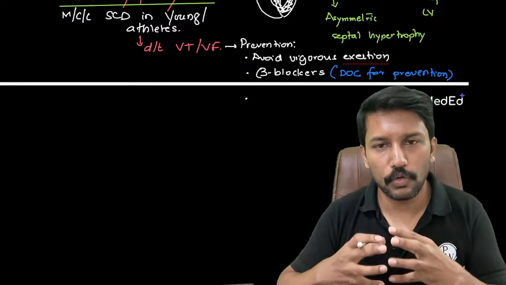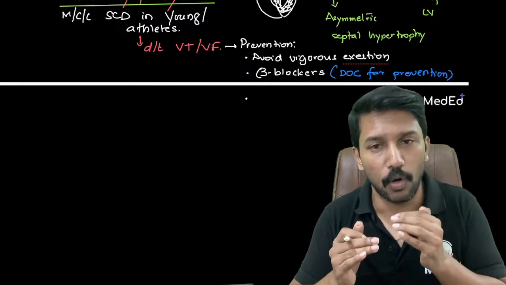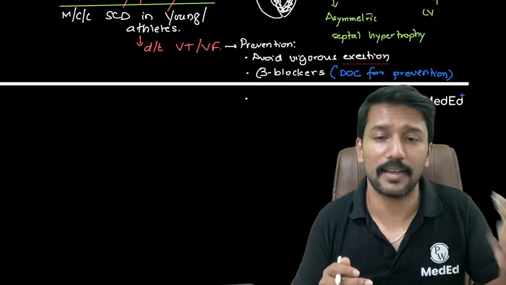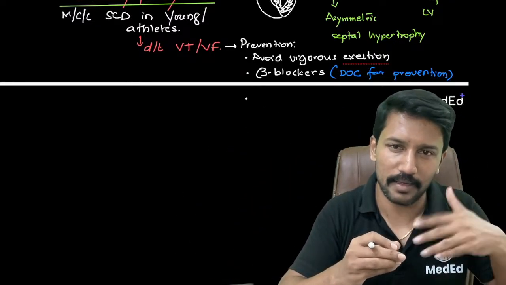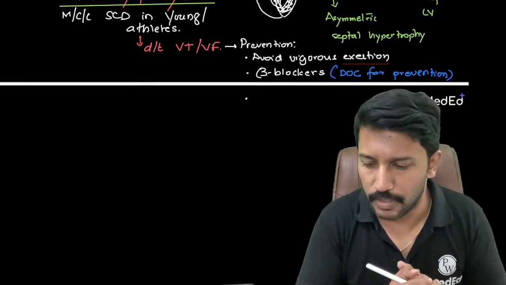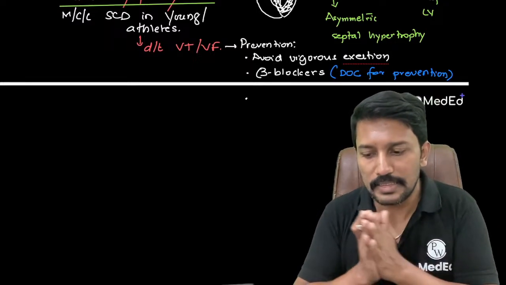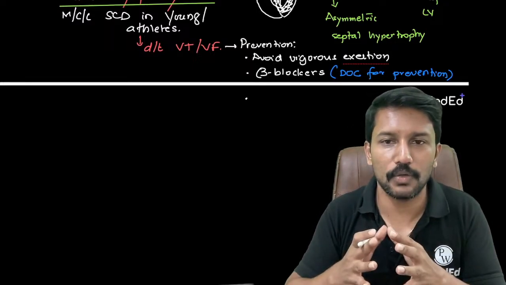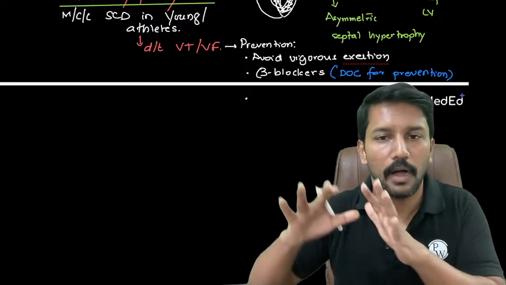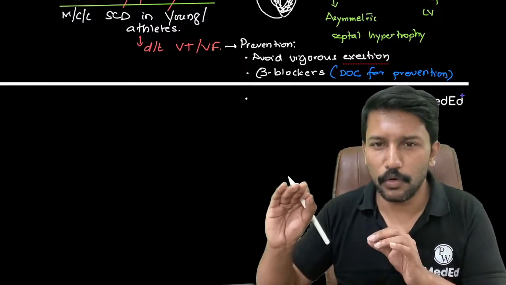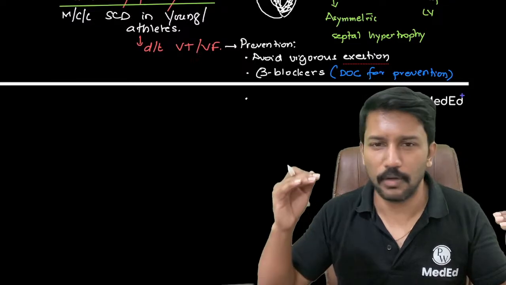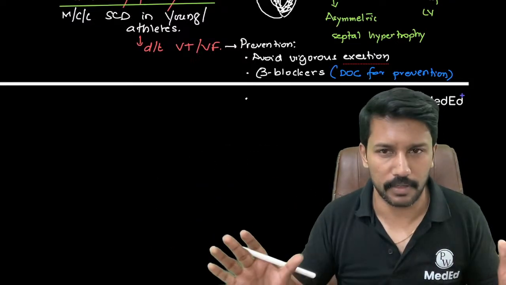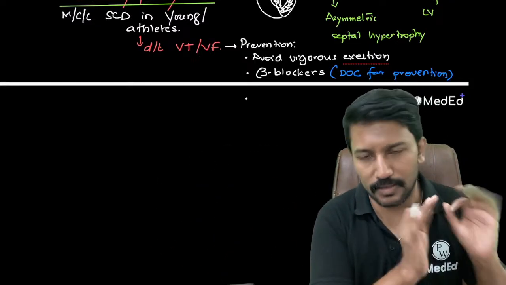Here, because of the hypertrophy, the muscle is already prone to develop an arrhythmia, and once the adrenaline stimulates, its rate of firing increases and we get into a VT or VF. Once we develop an arrhythmia, how do we treat it? Treatment of VT or VF, whether in a patient with hypertrophic obstructive cardiomyopathy or any other individual, is not different. Any VT or VF, we treat it the same way.